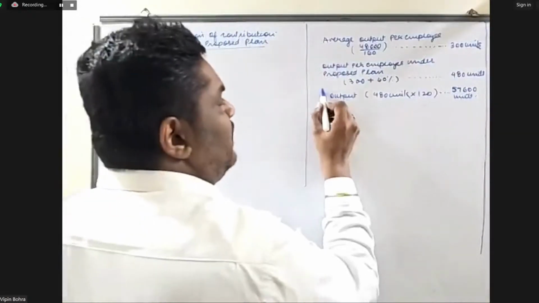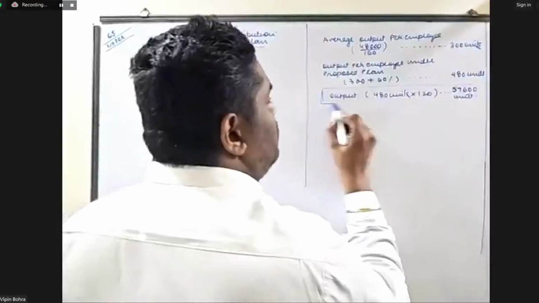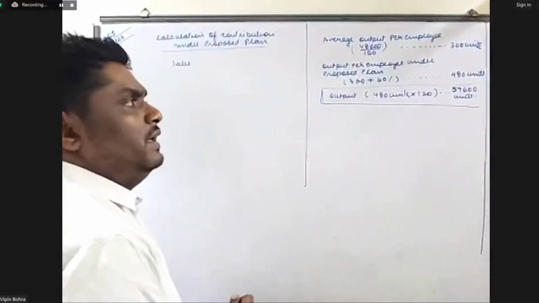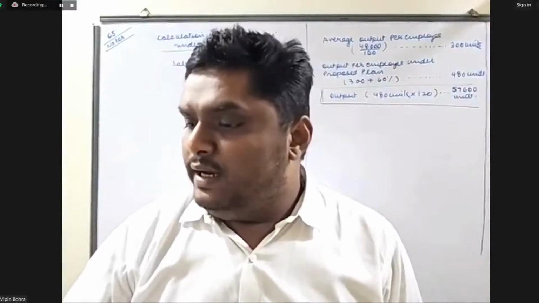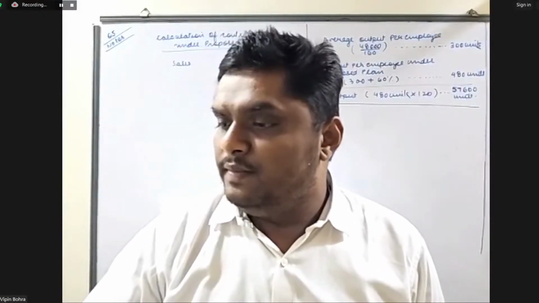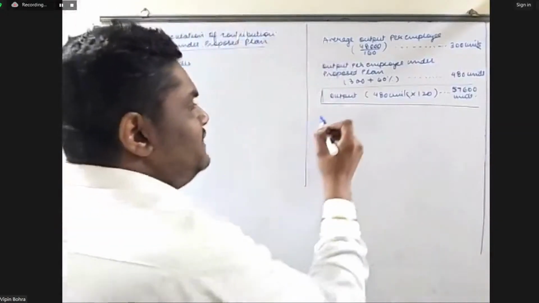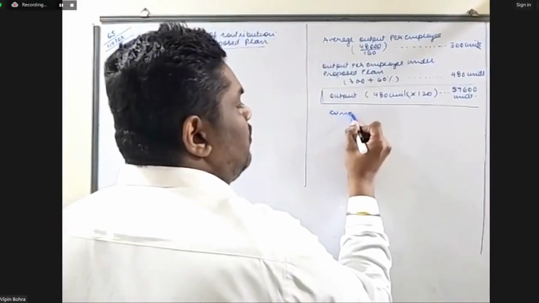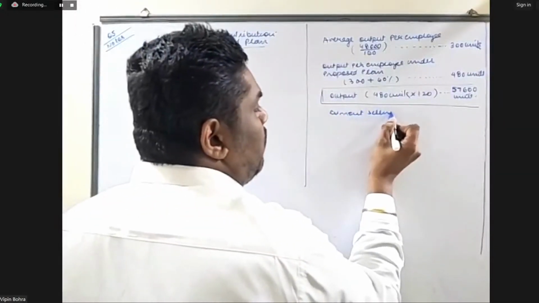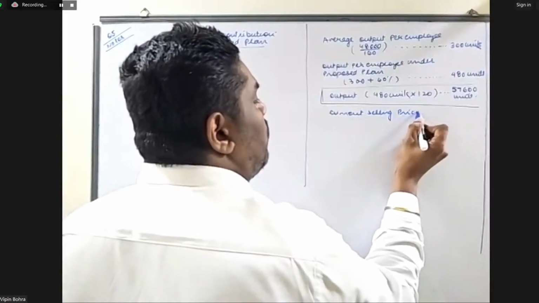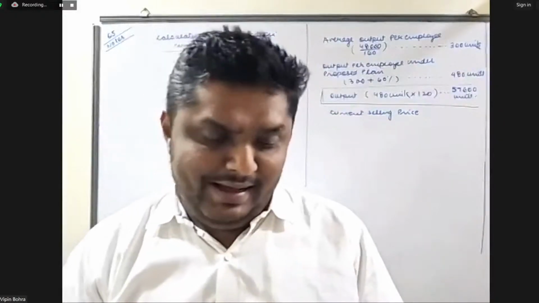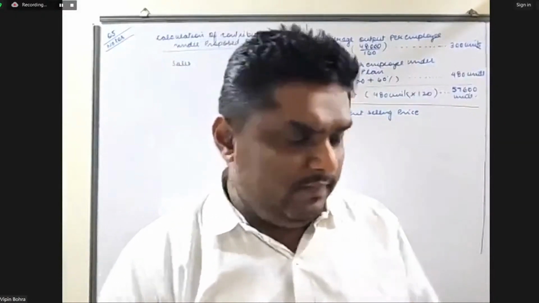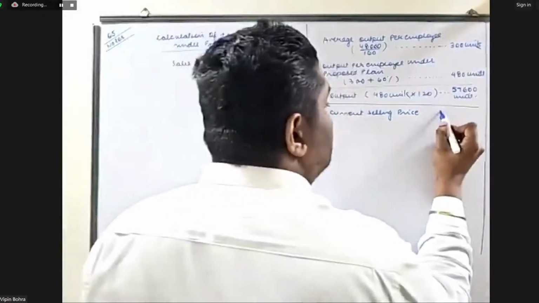This is the first part we needed to calculate, that is the output in aggregate. The second part is the selling price. It is given that we need to reduce the selling price by 4%. So what is the current selling price? 6 lakh divided by 48,000. So it is 12.5.